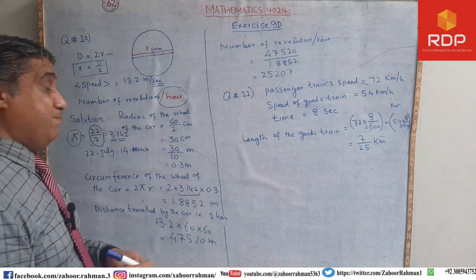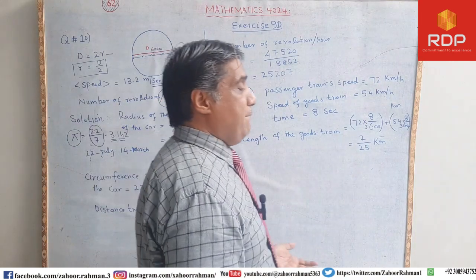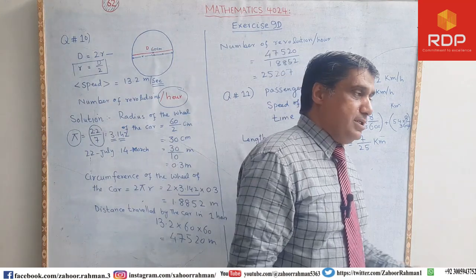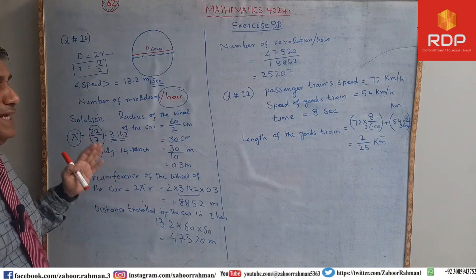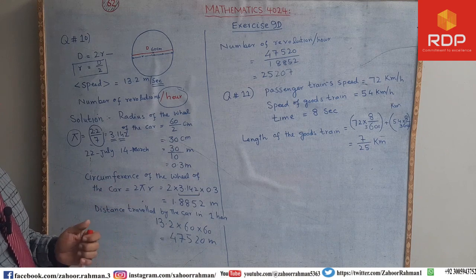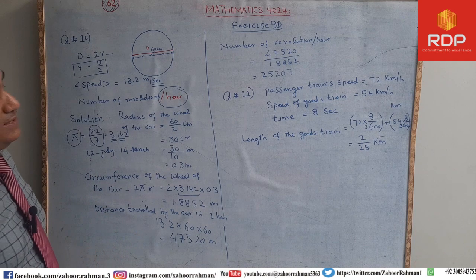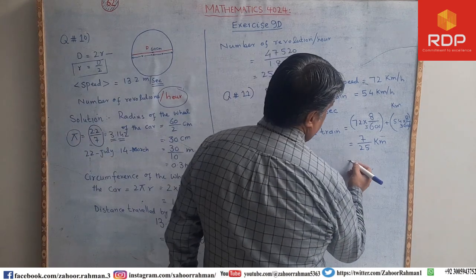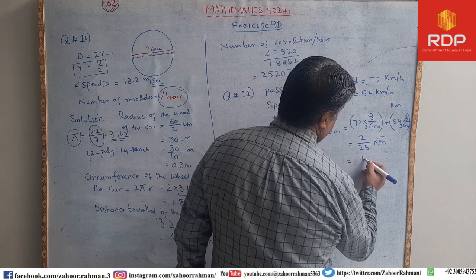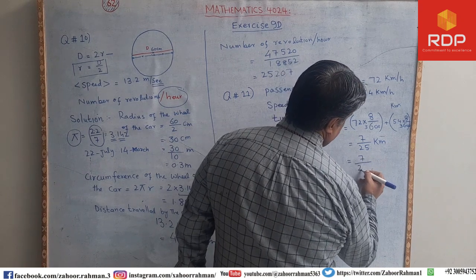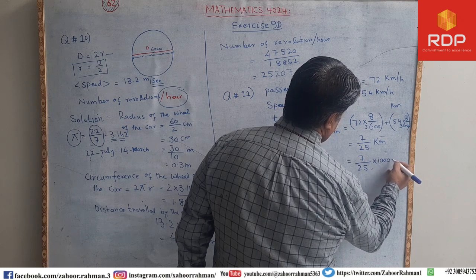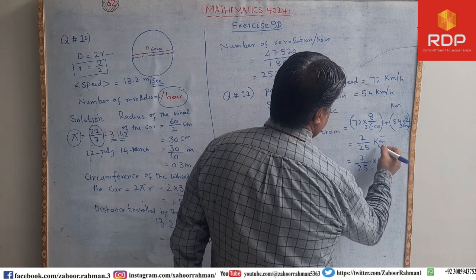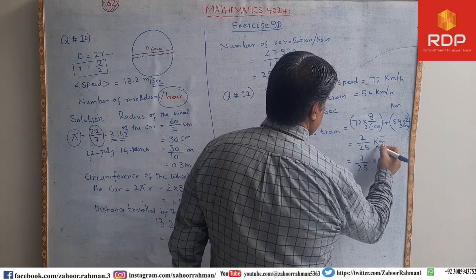Now a book cannot be measured in kilometer, so a train is not having that much bigger length that we should observe it in kilometer. So we have to find it in meter, and instead of kilo I am writing 1000.